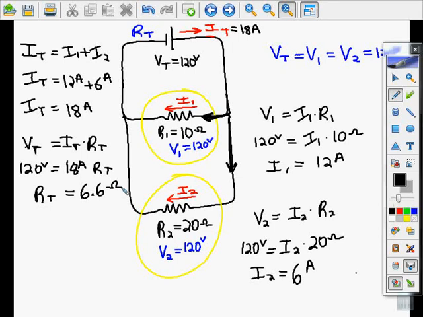The other way of getting that total resistance is using the 1 over R formula. So why don't you take a moment now to make sure you can crunch it out that way. I myself like to use the x to the negative 1 button.